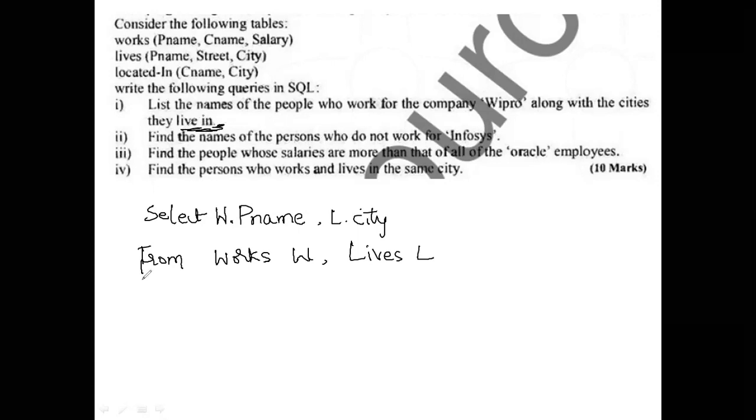Okay. So how do we join these two? W dot P name is equal to L dot P name. And additionally, the condition that is asked over here is that the company name should be Wipro. So where is the company name information present? That is the C name, present in the works table.